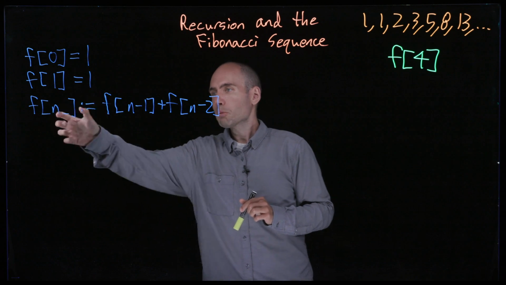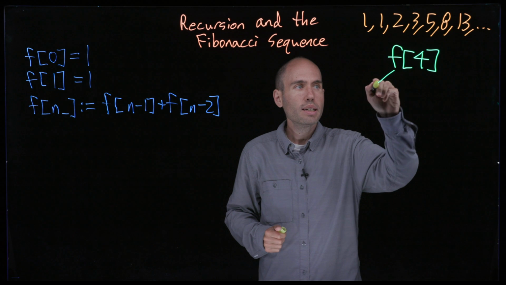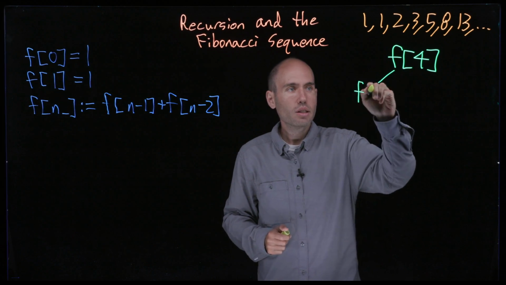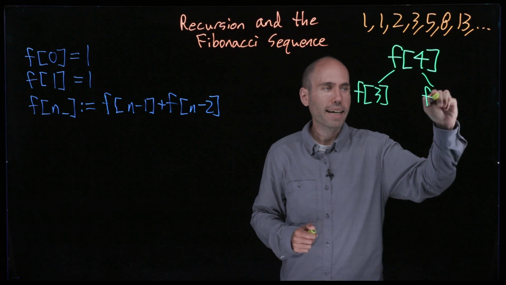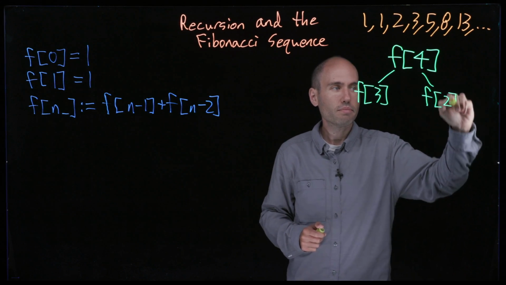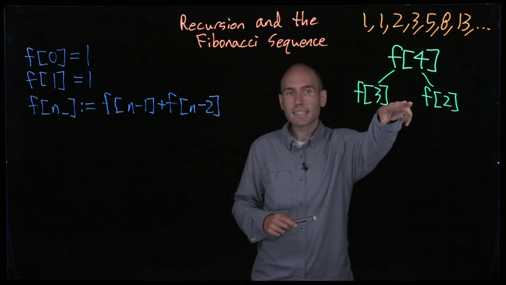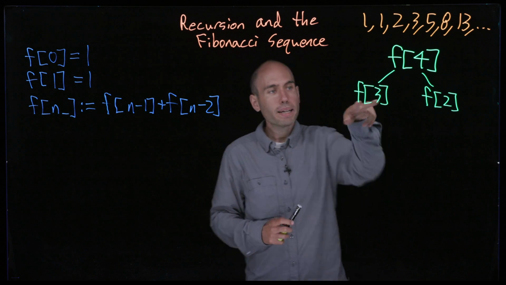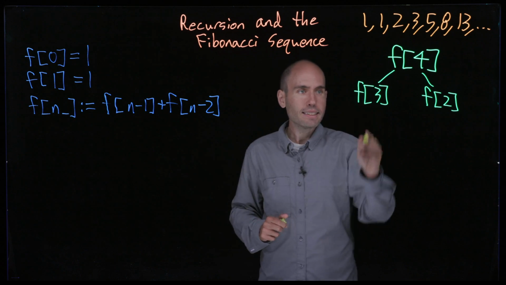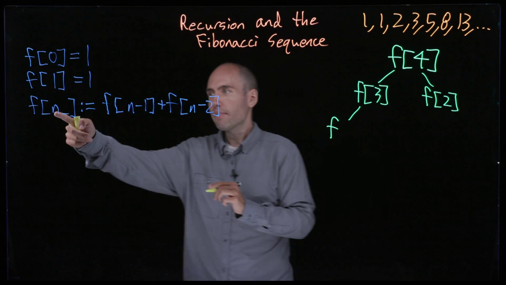So it says, okay, well, this should be f bracket 3 plus f bracket 2. Okay, so let me write it like this. So I have f bracket 3 and I have f bracket 2. And then I want to add these together, and then that sum is going to be f bracket 4. But it doesn't know what f bracket 3 is. So it uses this definition again.